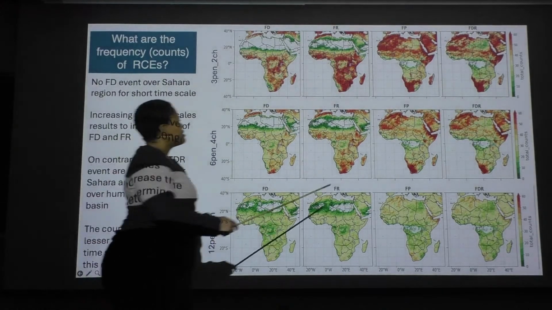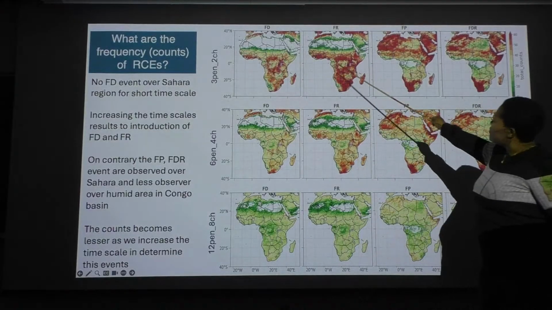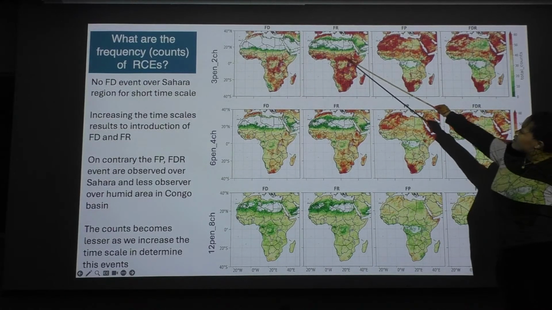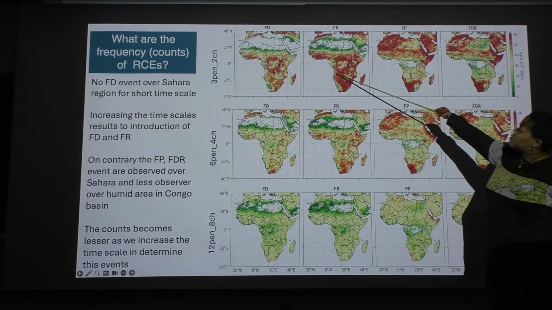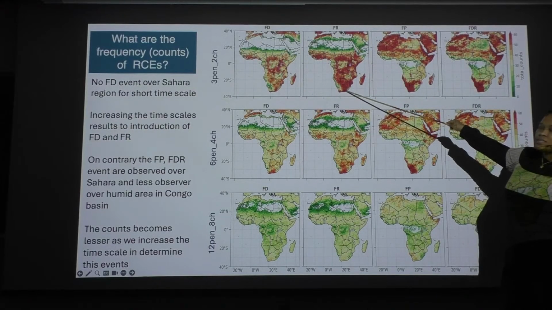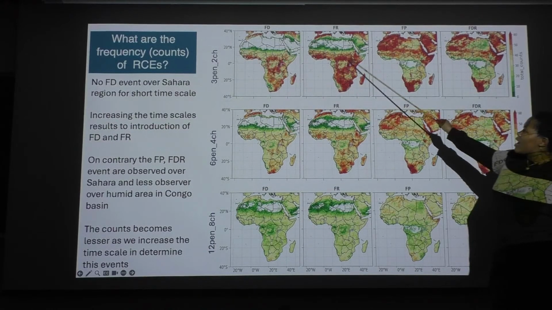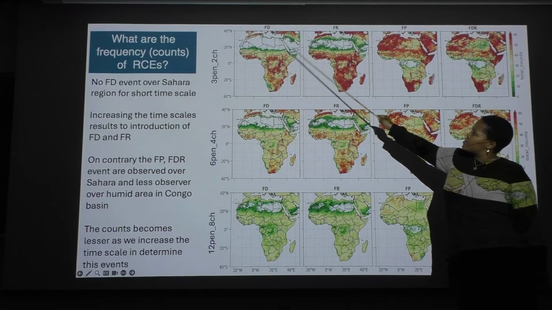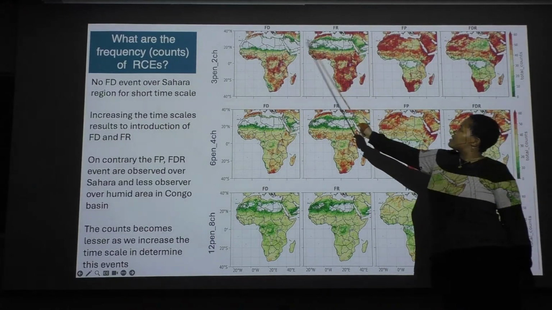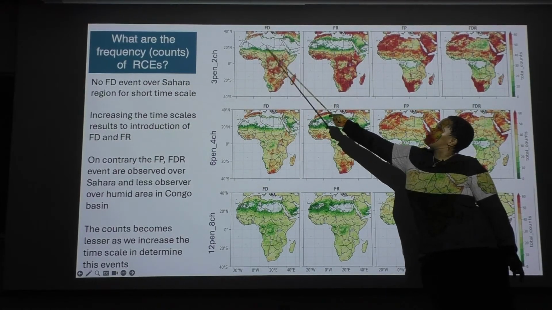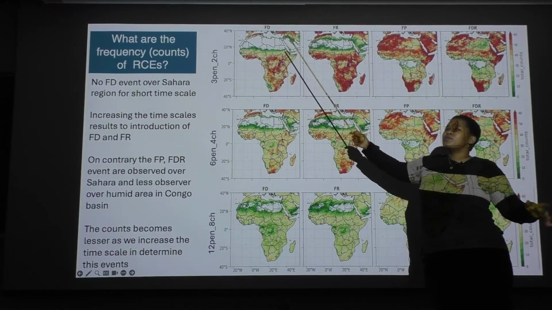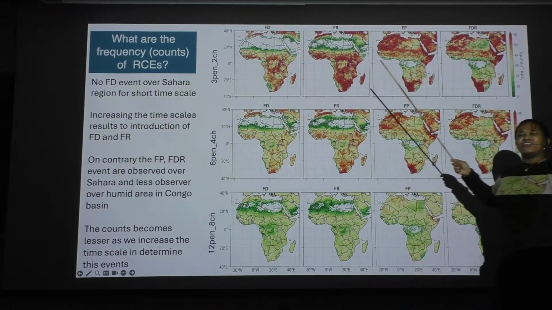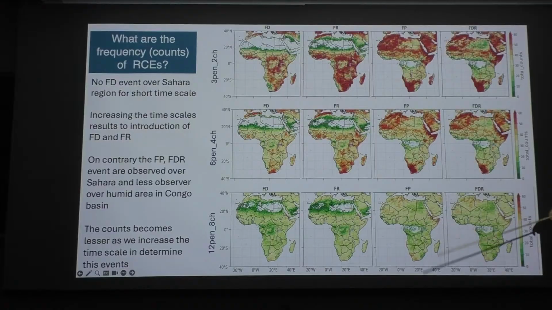What we can see generally is that for flash drought and flash recovery, most of the parts from the tropical region toward southern Africa have a lot of activity for flash recovery and flash drought. Over the Saharan region, there is not much flash drought, since there is not much drying, which is the normal situation in the Sahara.